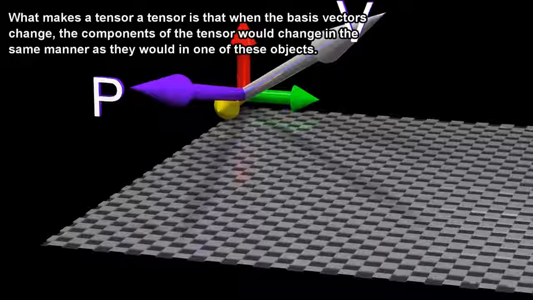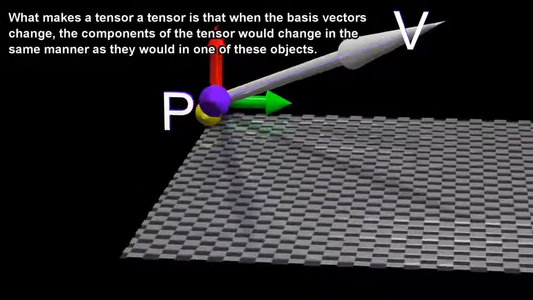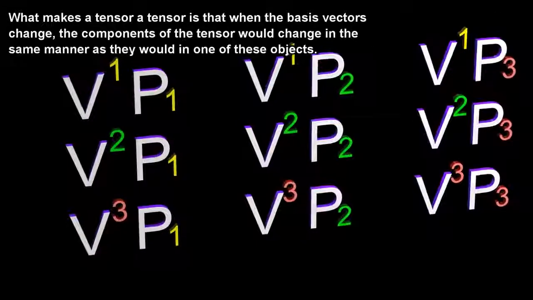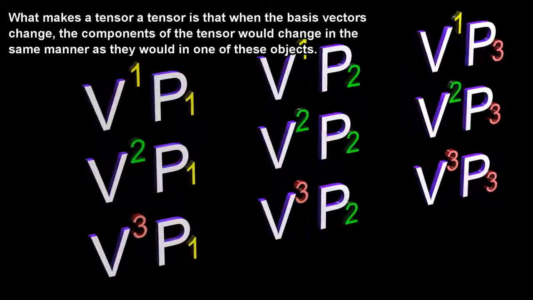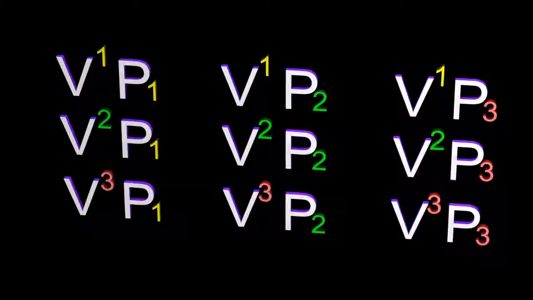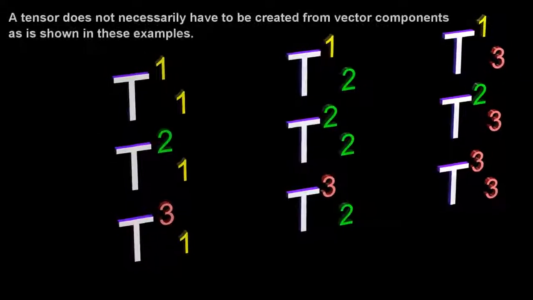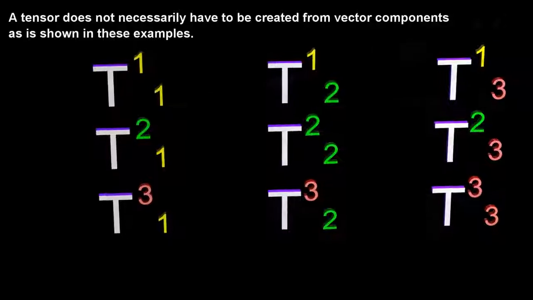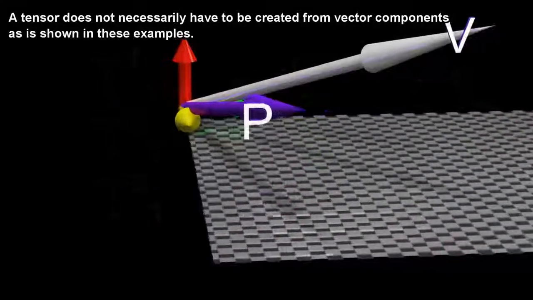What makes a tensor is that when the basis vectors change, the components of the tensor would change in the same manner as they would in one of these objects. A tensor does not necessarily have to be created from vector components, as is shown in these examples.